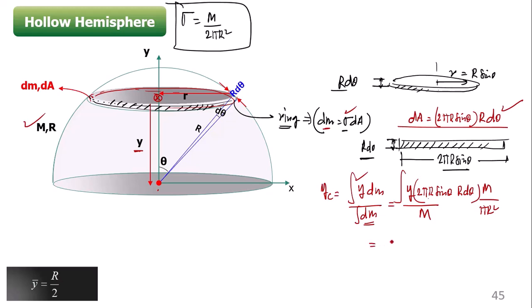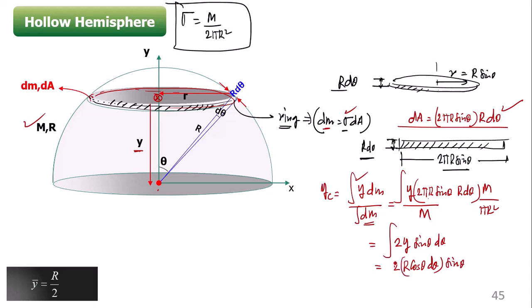So we are left with basically 2 times of y sine theta into d theta. Now, what is y? Y can be written as r cos theta. So I can write 2 times of r cos theta into sine theta into d theta.